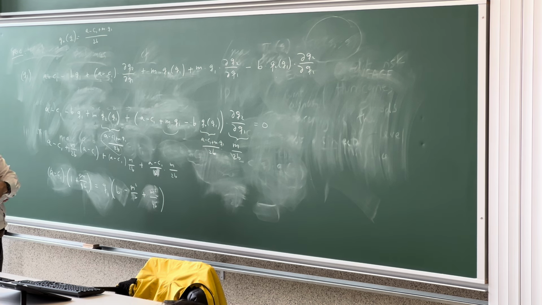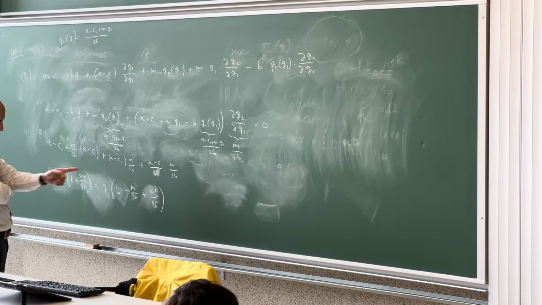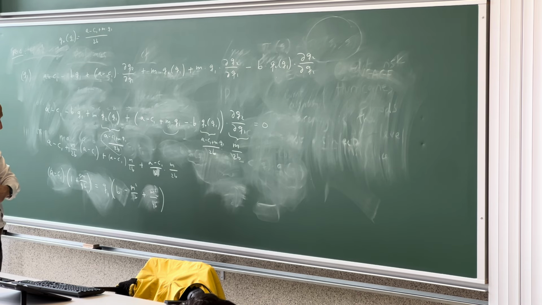Wow. I mean, I could take the B out here and have like a square here and here, maybe. I don't know if it simplifies a lot.